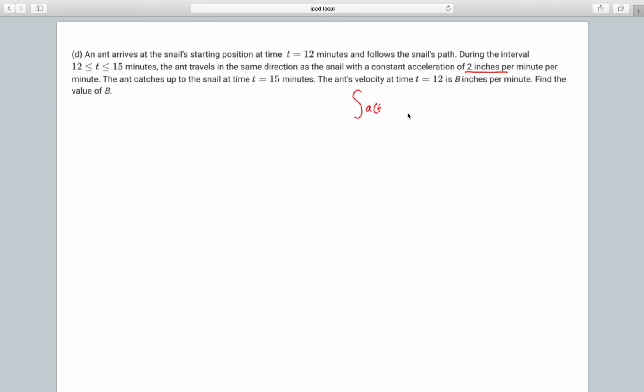The antiderivative of acceleration will be velocity, but it'll be plus a constant because it's an indefinite integral. So the antiderivative of 2 dt is actually 2t plus some constant. So that is the velocity for my ant.